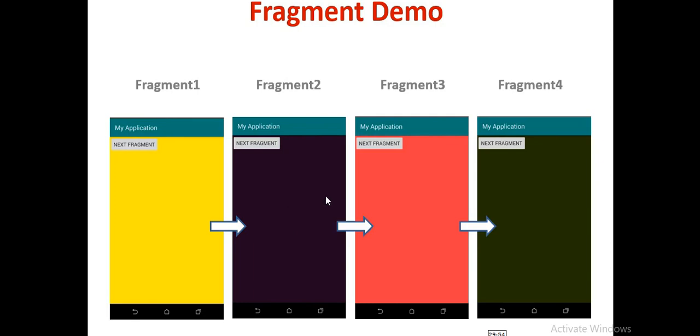We use addToBackStack. Every fragment must be added to the backstack, because when we click the back button, it goes from fragment 4 to fragment 3, fragment 2 and fragment 1, and then goes outside the application. Not in this case: when we click the back button, we go outside the activity.